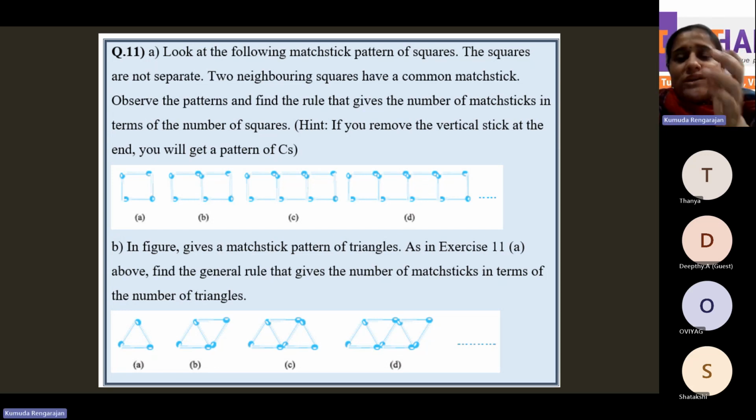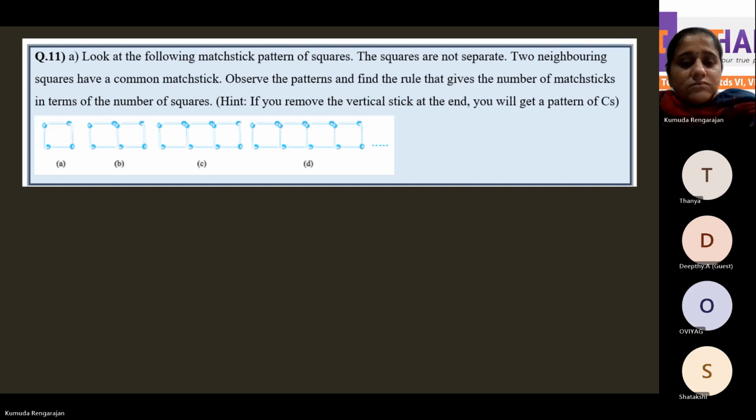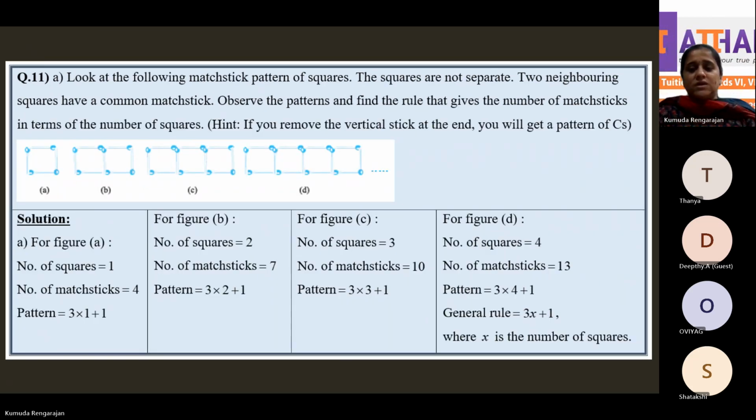With the help of that rule, you can easily calculate the number of matchsticks needed to make some specific pattern. Understood, ma'am.